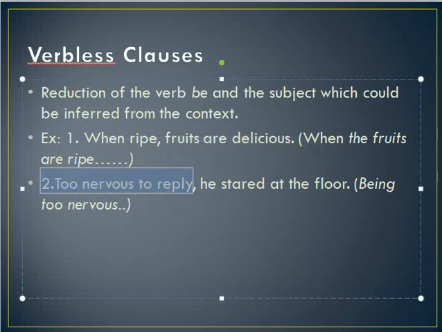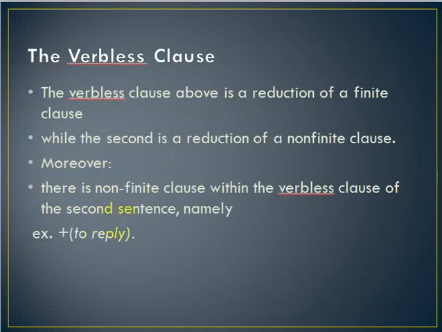Keep in mind that the verbless clause could have a non-finite clause within it. However, whatsoever, a verbless clause and a non-finite clause both have implicitly revealed the verb and or the subject, or both of them, the verb and the subject all together.